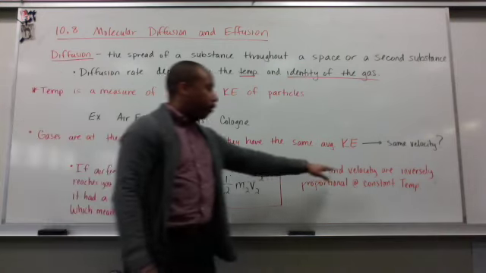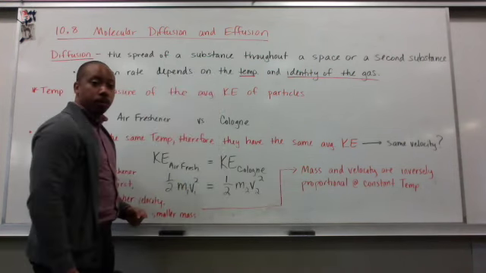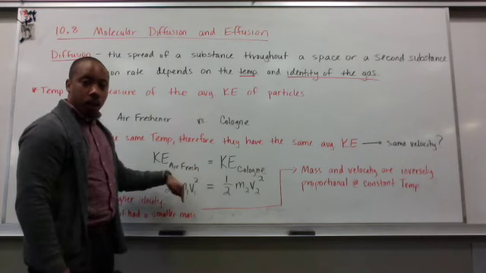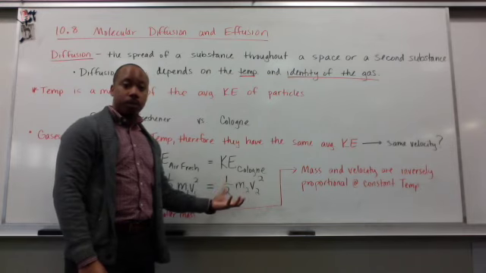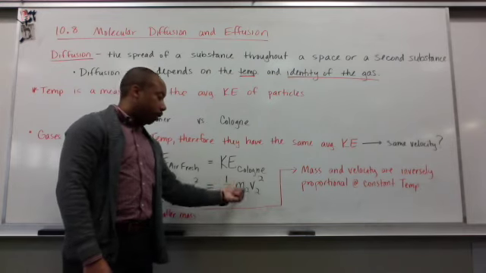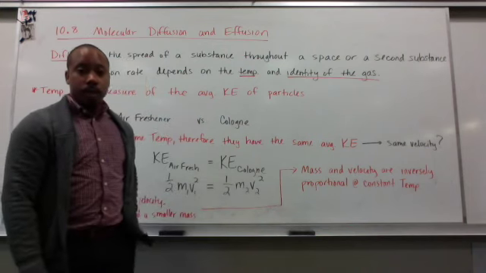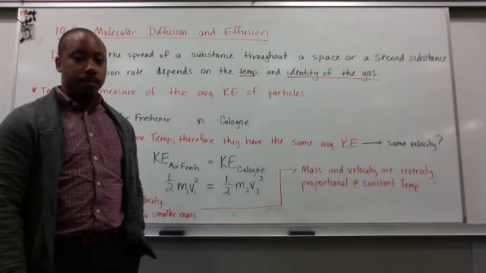So the mass and velocity in these individual equations are inversely proportional. If you have a high velocity, you have a lower mass than the other particles that you're comparing yourself to. This substance has a higher mass and a lower velocity. This is when both substances are at the same temperature, the constant temperature.